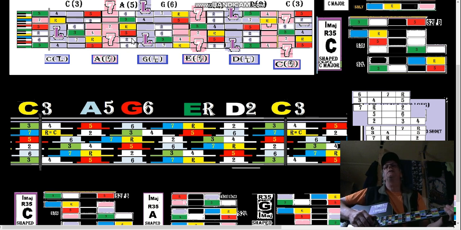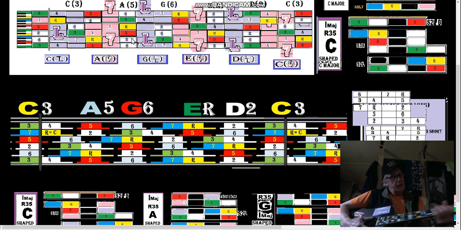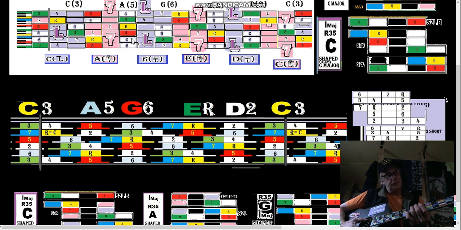We have to talk about intervals, okay? Intervals is say from C to F the fourth, C to the green, E is a third, C to E flat is a flatted third.